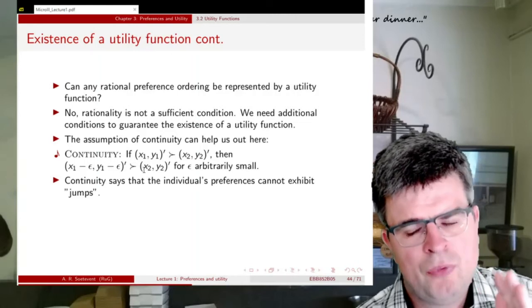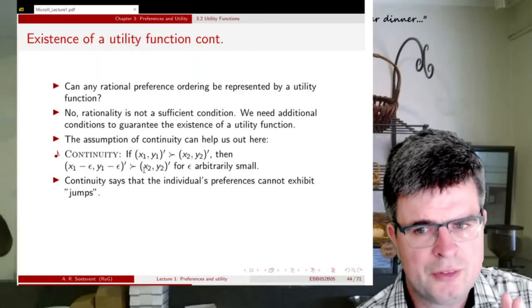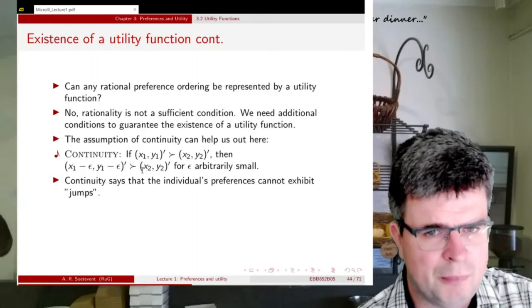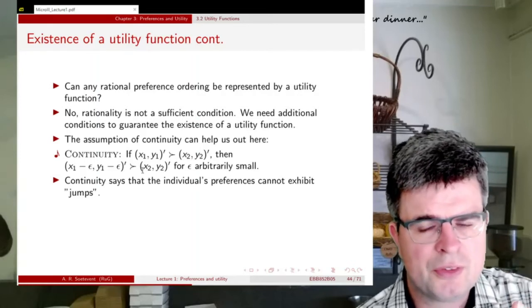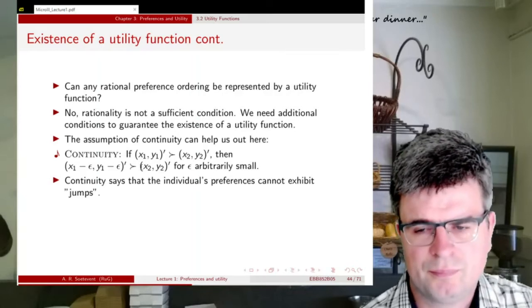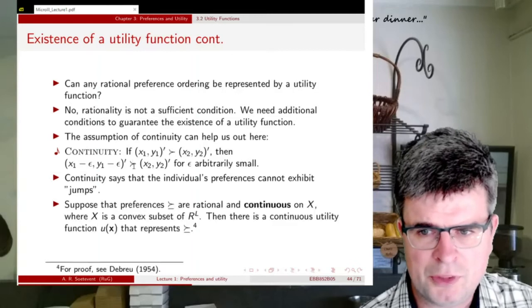Why is this helpful? If we impose continuity on the underlying preferences, then the individual preferences cannot jump. The preferences must be fairly gradual. So continuity deals with limit situations.